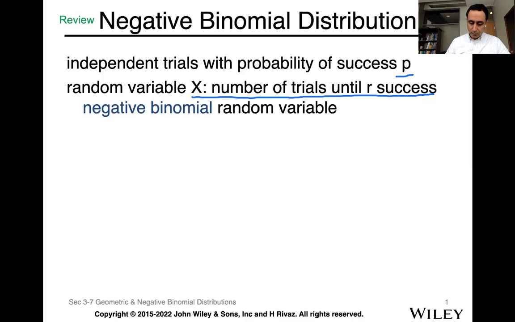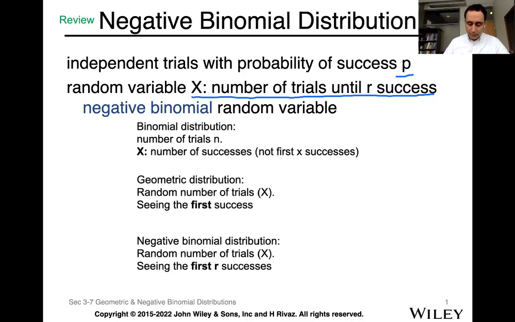To understand a distribution well, it's good to contrast it with the other two distributions that we studied. In the binomial distribution, we have n trials. This is trial 1, trial 2, ... trial n minus 1, and then trial n. Here we have X number of successes, and the X successes can be anywhere.